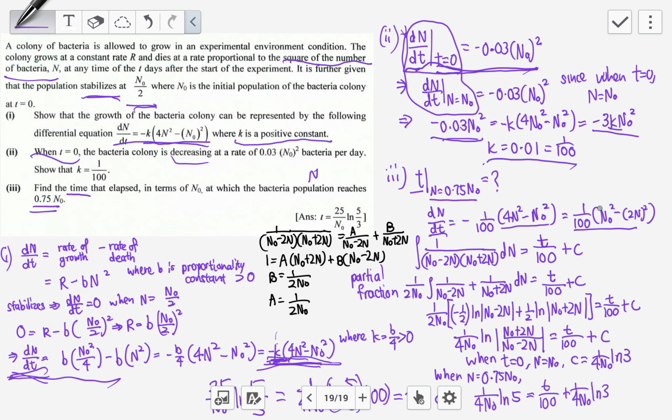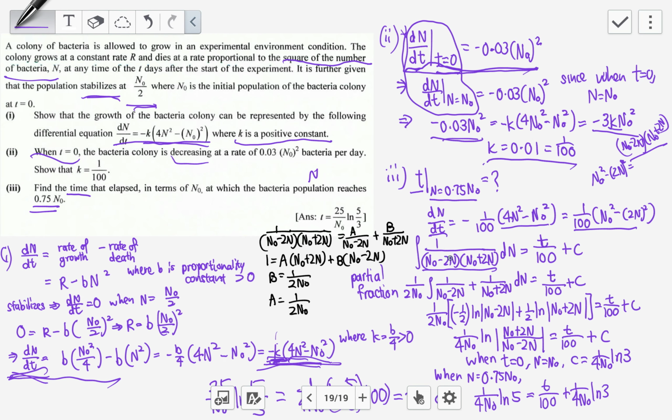One thing is, N0 squared minus 2N squared, using factorization, becomes N0 minus 2N and N0 plus 2N. N0 minus 2N multiplied by N0 plus 2N is N0 squared minus 2N bracket squared. So we have factorized this form, and we divide over to the left hand side.